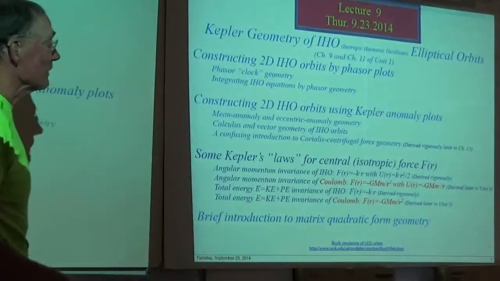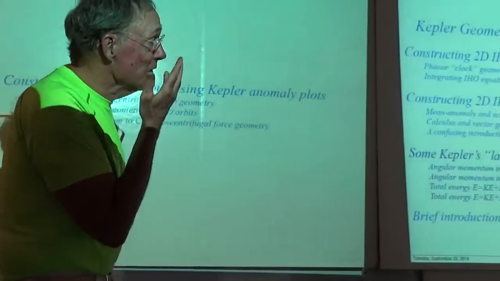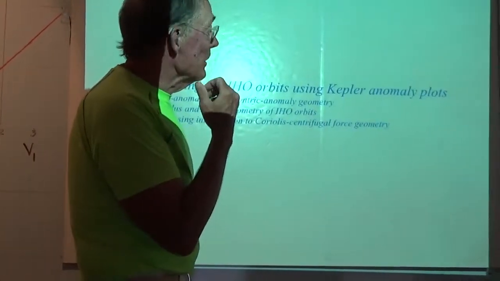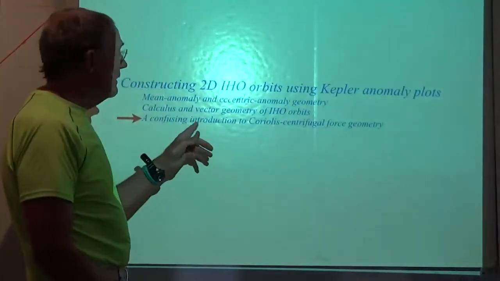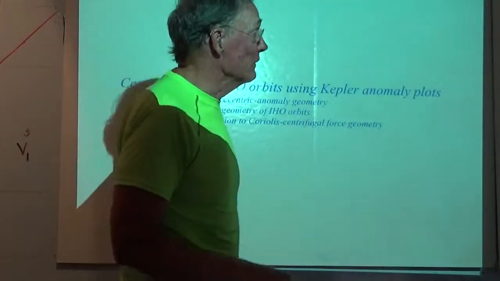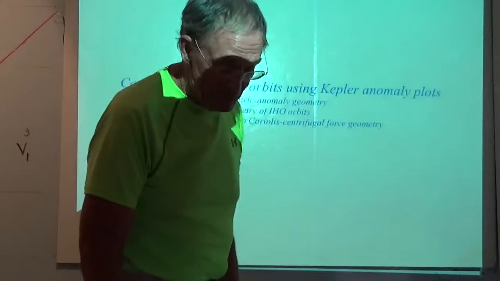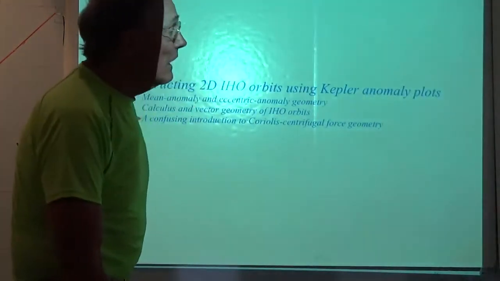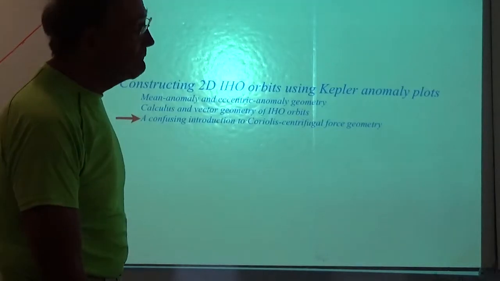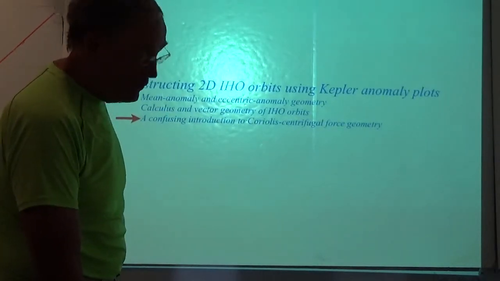We're going to skip 10, the complex variable stuff, first, and get right to the mechanics that makes a lot of sense out of this. The quickest way to compute them, too, and think about them as far as I'm concerned. I think you'll agree. But I want to show you some confusing ways of looking at Coriolis force.